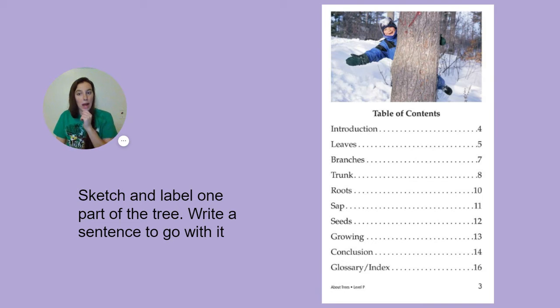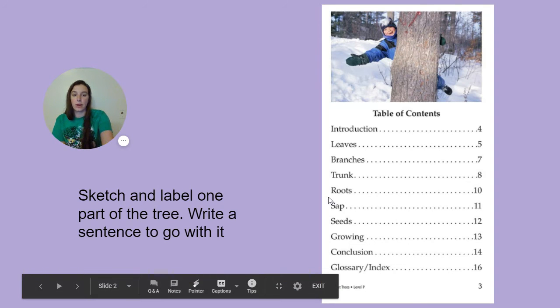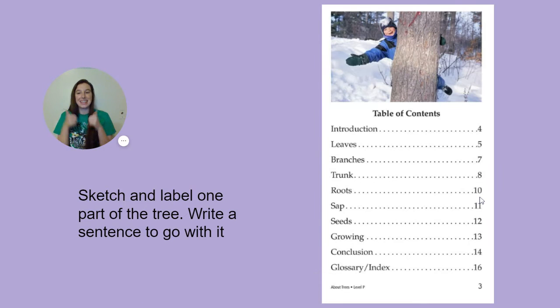So if I know what I want to write my sentence about, what part of the tree I want to draw, I can just find that part, and then we will be able to look at it in the book. So I know I'm going to do my sentence and my picture on roots. I can look right here, roots, and see it is on page 10. So I can go to page 10. I can look at my page about roots, think about my sentence, and what I'm going to draw.